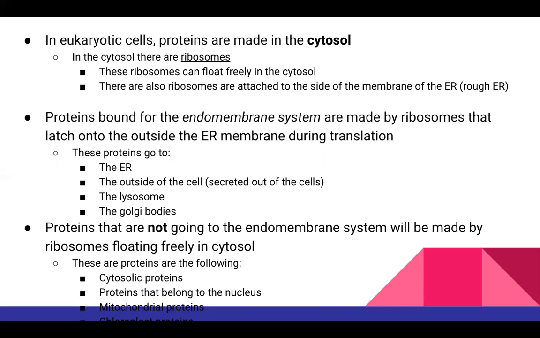And proteins that don't go to the endomembrane system will be made on ribosomes that float freely in the cytosol. And these proteins are cytosolic proteins, nuclear proteins, mitochondrial proteins, and I think chloroplast proteins, but we won't be talking about chloroplast proteins in this class. So does anybody have any questions on this slide?